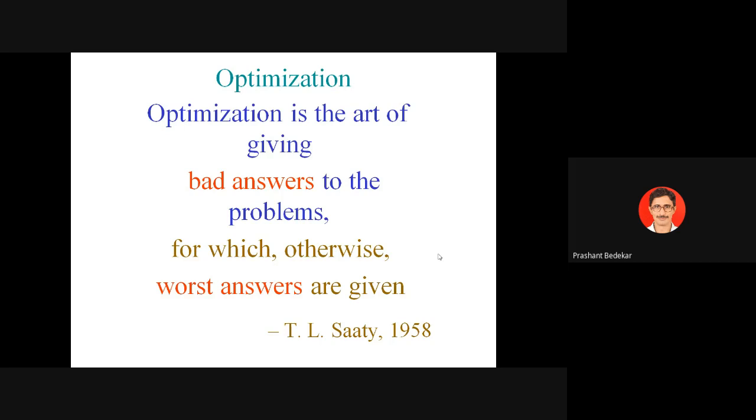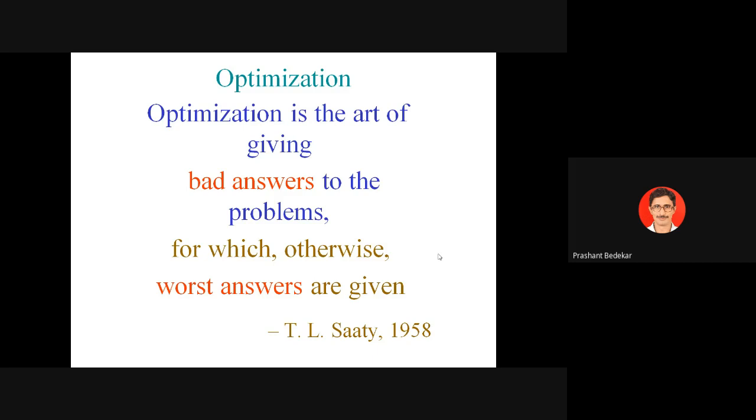So if you have two answers, one bad and the other worst, definitely you will select the bad answer. Why? Because the other is worst. So if you think over it, what you actually did is find the best possible answer, which is actually a bad answer because there is no other answer.